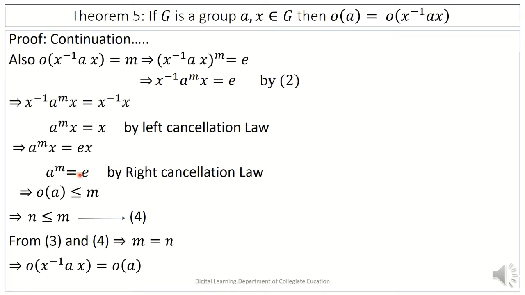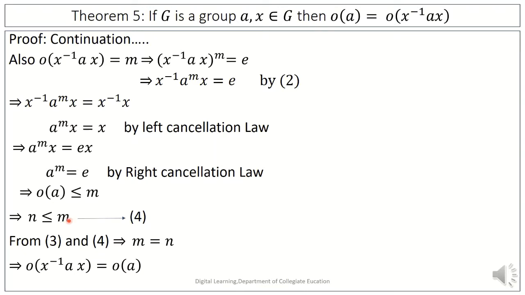So, A to the power of m is equal to E means the order of this one is less than or equal to m. Order of A is less than or equal to m. Call this equation number 4. Order of A is n here, isn't it? So n is less than or equal to m. In equation 3 we have m is less than or equal to n, and in equation 4 we have n is less than or equal to m.